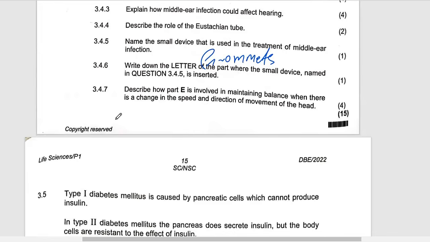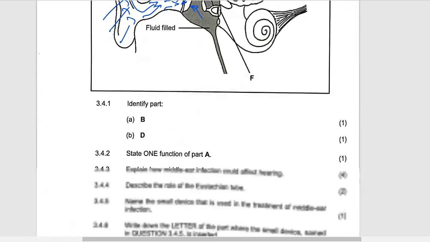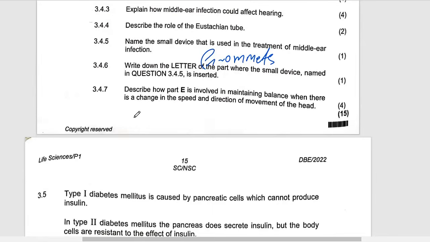And then lastly, describe how part E is involved in maintaining balance. What is part E? The semicircular canals. Whenever you talk about the semicircular canal, we are talking about balancing, when there is a change in speed and direction. Whenever you talk about speed and direction, now you're talking about the cristae.